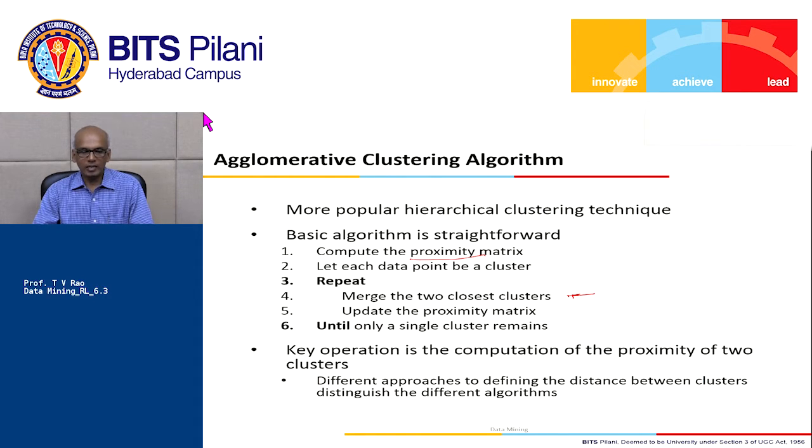Then we may do further mergers. But even before that, we need to recalculate the proximity matrix, because for the points that have been merged, we need to think in terms of how to calculate the proximity of this cluster with the other points or clusters. So one of the challenges is the computation of the proximity after every step.